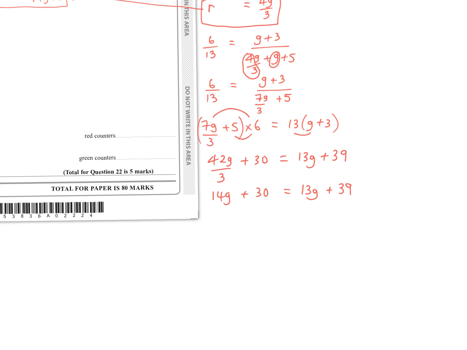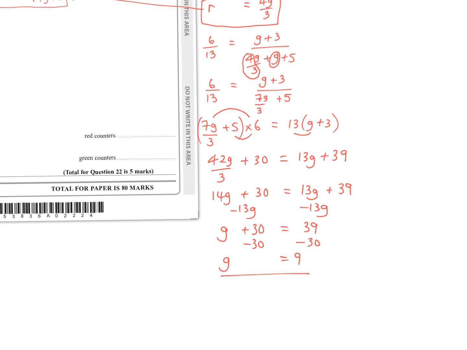You can see here, these annoying 9's and G's could look the same if you weren't careful. Take 13G off both sides, and that's going to leave us with G plus 30 equals 39. Take 30 from both sides, and that means G is equal to 9.